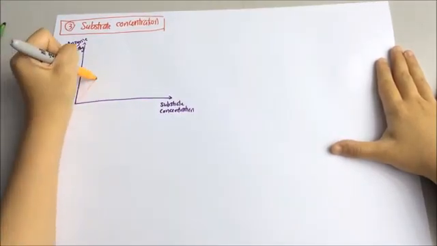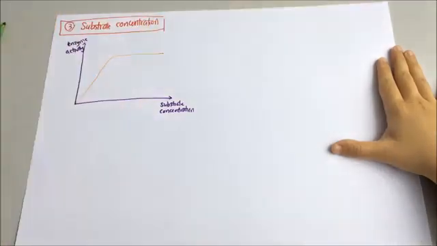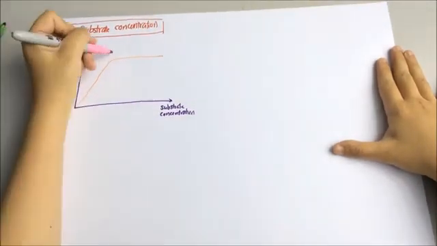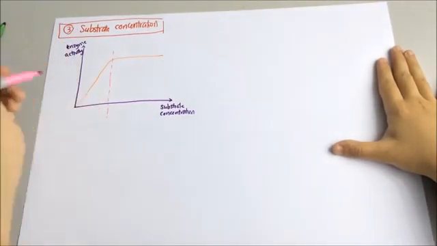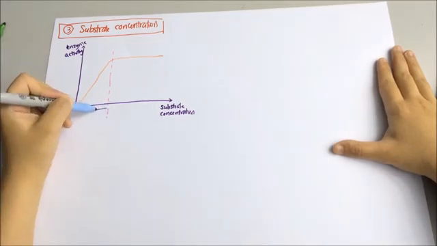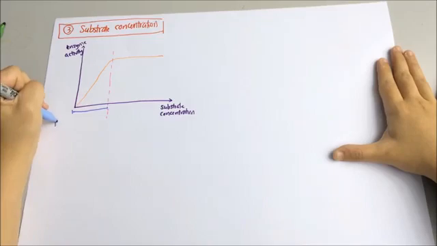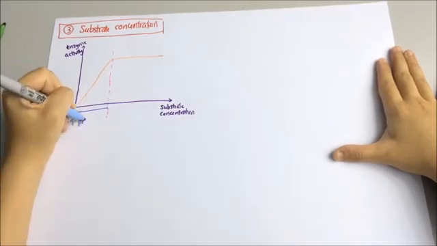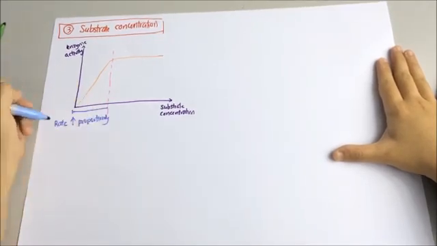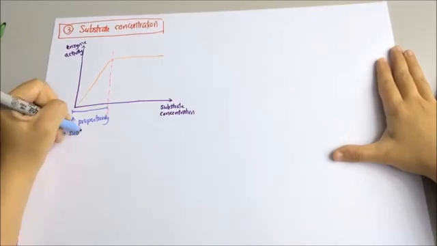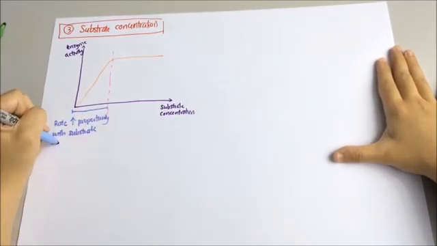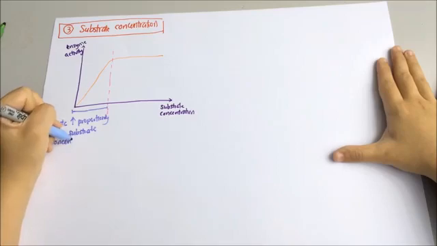For example, enzyme concentration, pH and temperature are all constant, and we are only changing the substrate concentration. And you will find that initially the rate of enzyme activity increases proportionally with the increase of substrate concentration until it reaches a maximum point.